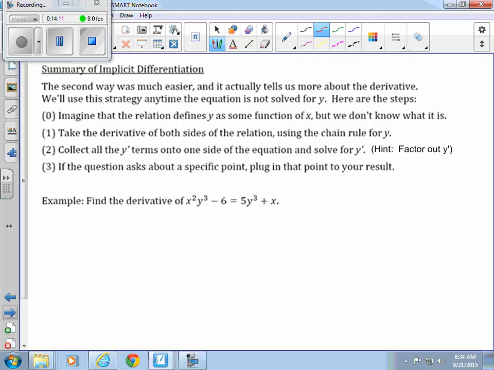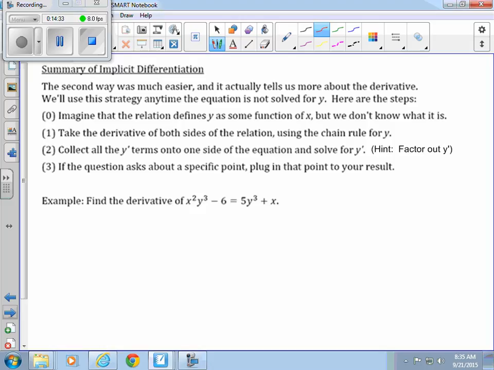So remember that y is some function of x. Every time you do a derivative of y, put a dy dx or a y prime. Collect all y prime terms on one side of the equation and solve for y prime.